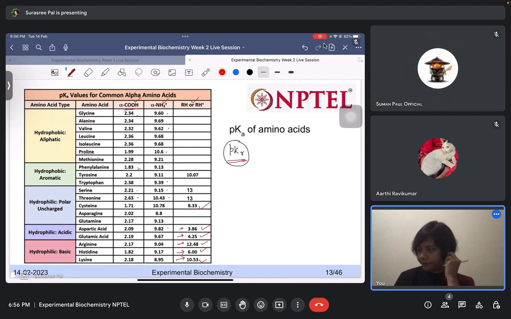Okay, so I hope this particular point is clear, how the charge of the amino acids changes from -1 to 0 to +1 when the amino groups and the carboxylic groups are losing their protons.